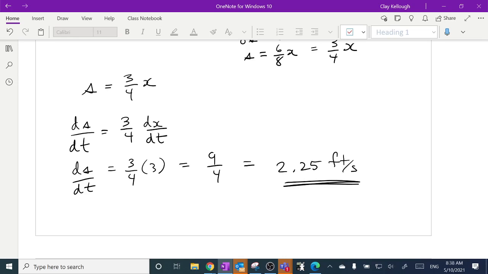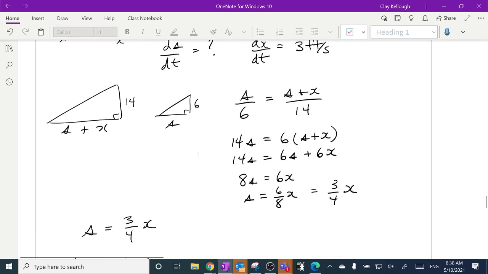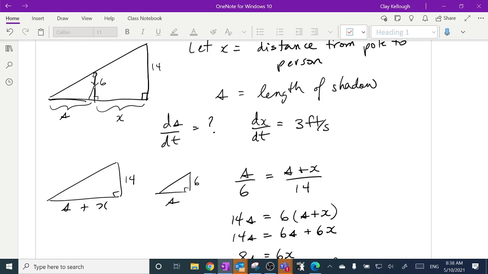And kind of like that ladder problem, if you weren't understanding how this situation is behaving, you might automatically think the answer to the B question is the same as the A. Right? It's like, well, wait a minute. If I know that this shadow, this length here, is growing at a rate of 2.25 feet per second, isn't this entire length growing at that rate?